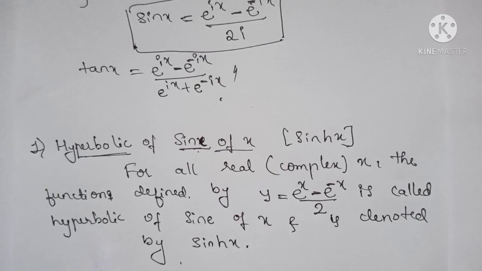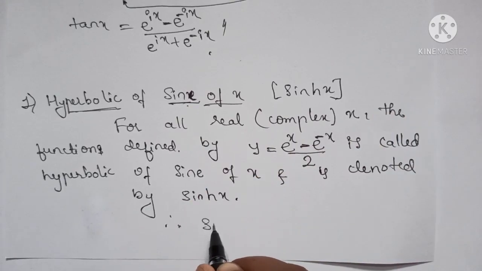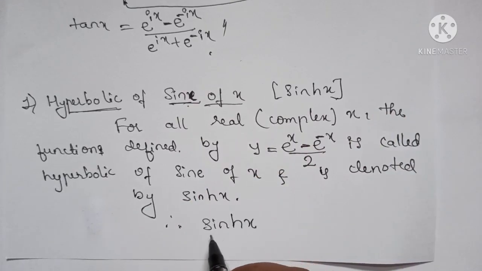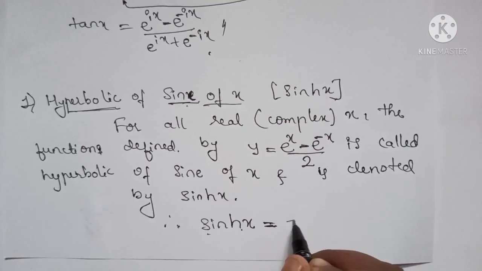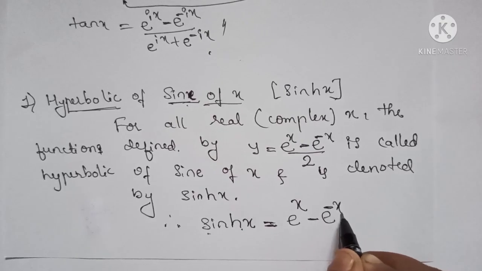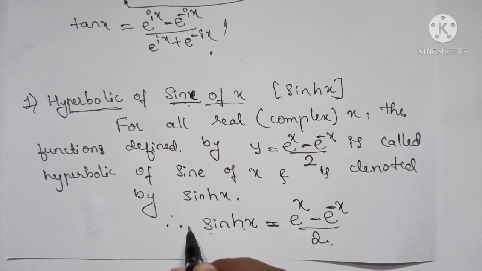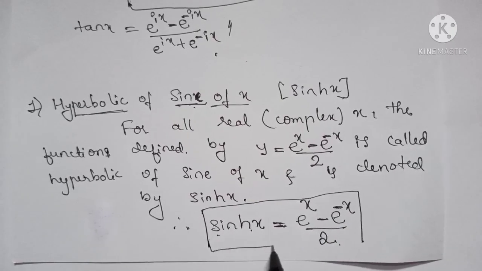So therefore sin hx, that is hyperbolic sin x, is always equal to e raised to x minus e raised to minus x divided by 2. This is the hyperbolic function of sin x.